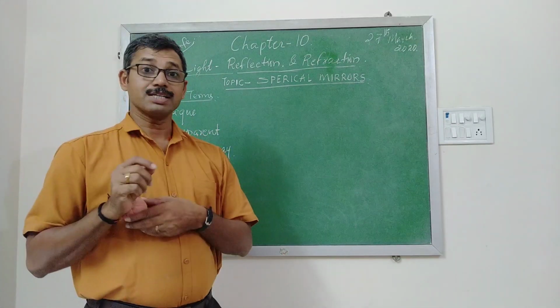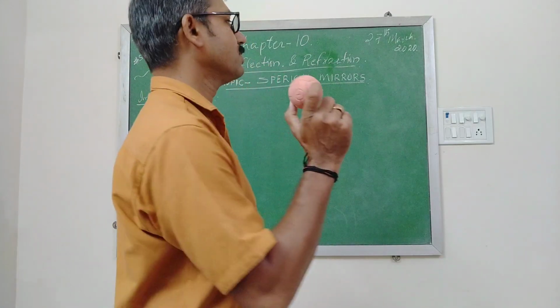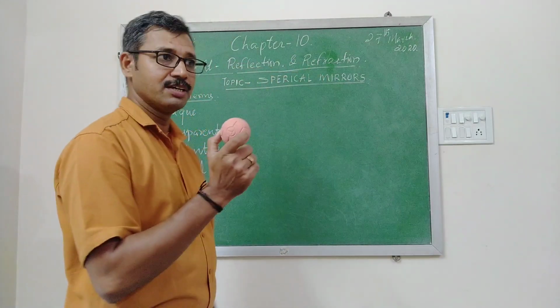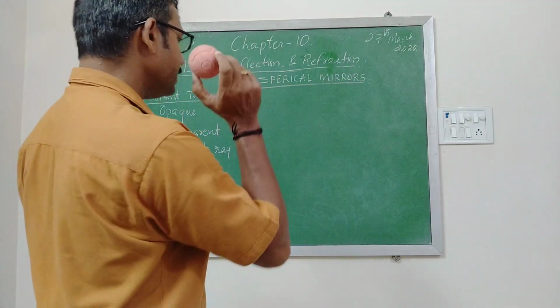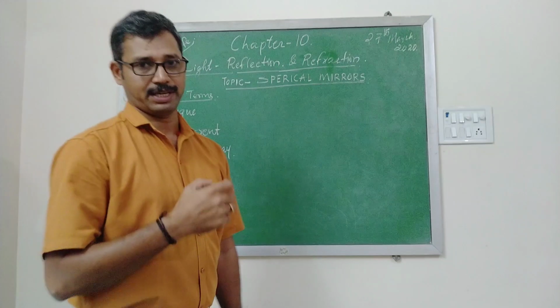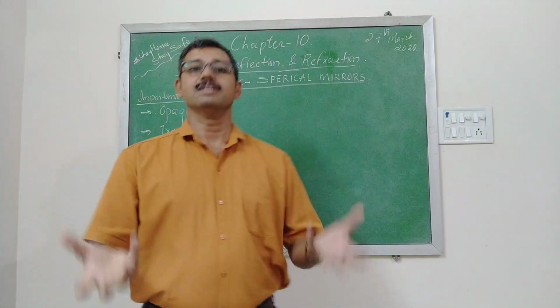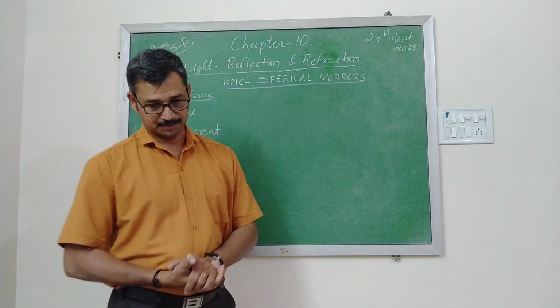That is because it reflects. The same way, suppose this ball is a ray of light. When it falls on the surface, it comes back. So it reflects. The same way, the light reflects.